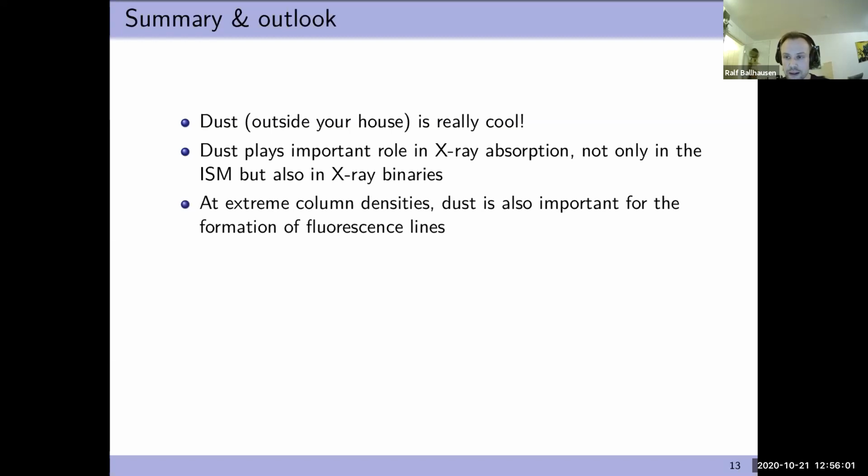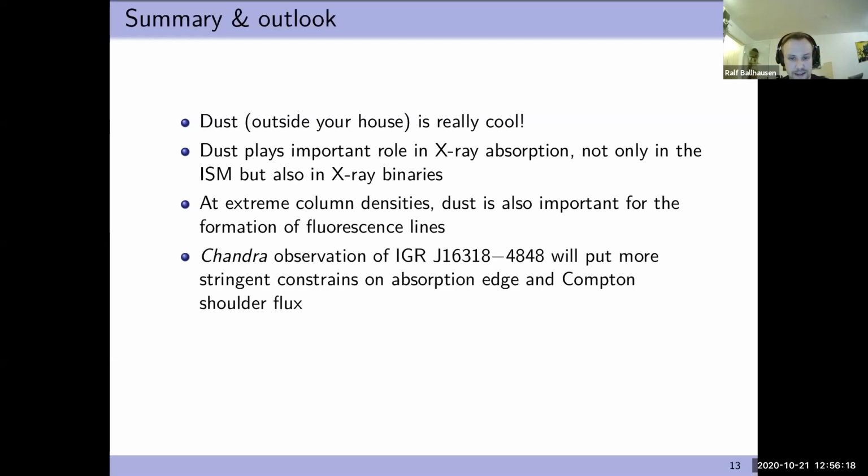And in extreme cases of very high column densities and dense absorbers, this can also be very important for the production of the fluorescence line flux. It's not only an absorption feature, but it's also important for the modeling of your fluorescence lines.